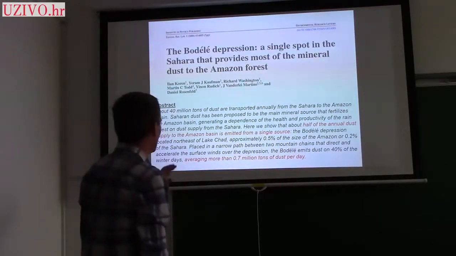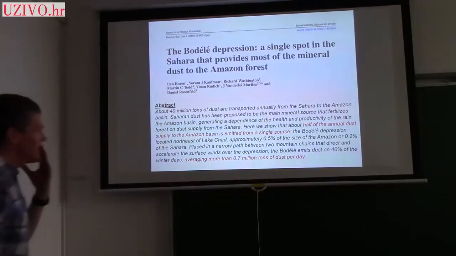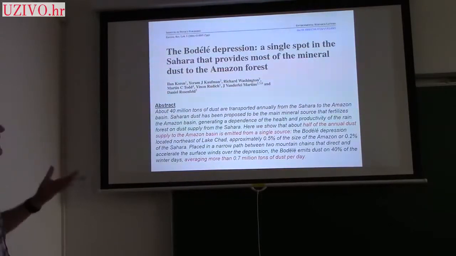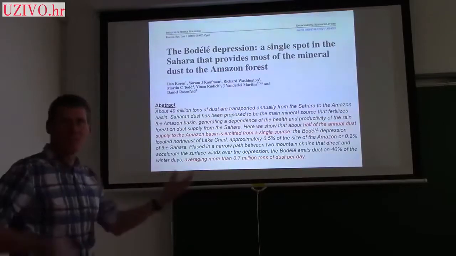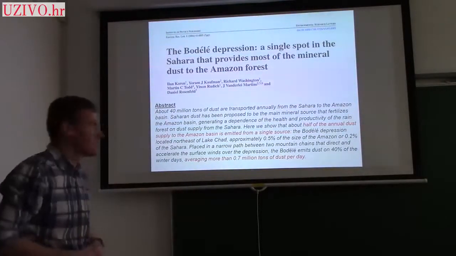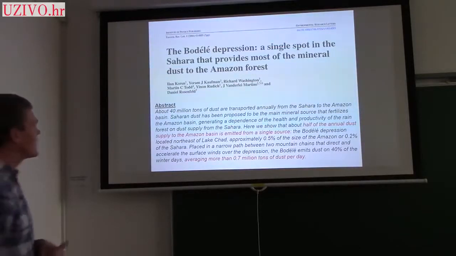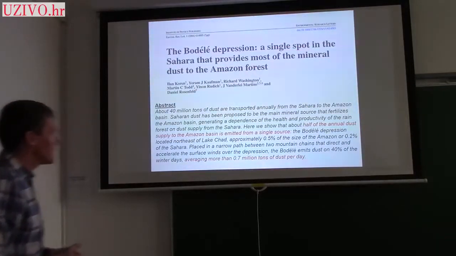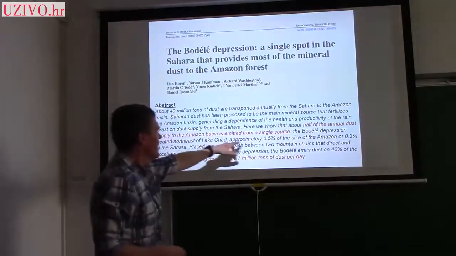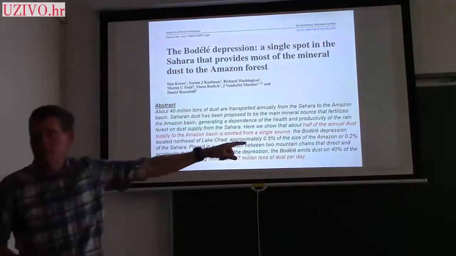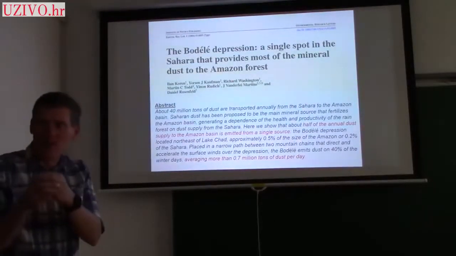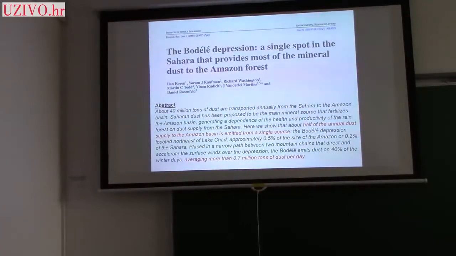And this has shown that 80% of the minerals that feed the Amazon, which is continually growing, so it needs a continuous source of fertiliser, comes from the Sahara, and half of it comes from the Bodele Depression. That tiny little pocket shows how effective and how nutrient rich that part is.